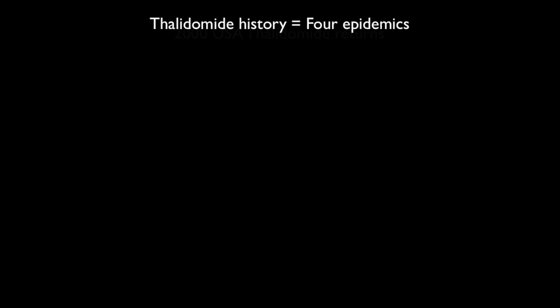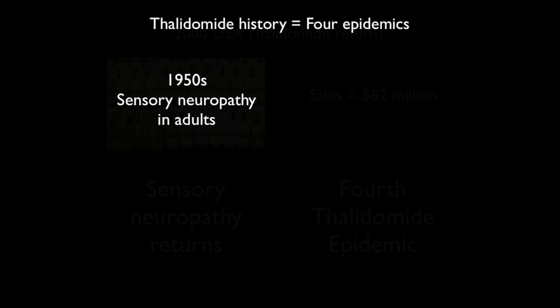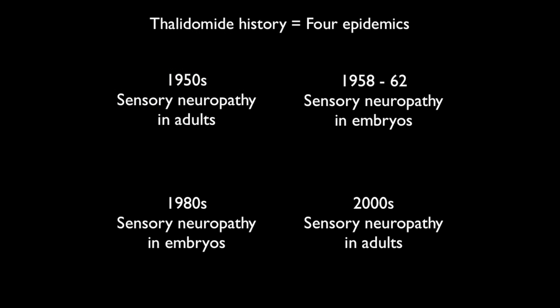So there have been 4 epidemics of neuropathy, all of them sensory neuropathy, 2 of them in adults and 2 in embryos. The first was in adults who took it as a sedative. The second was in embryos whose mothers took it as an anti-nauseant. The third, again in embryos whose mothers thought it was a contraceptive.